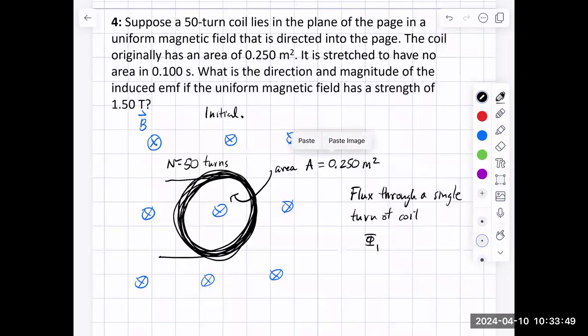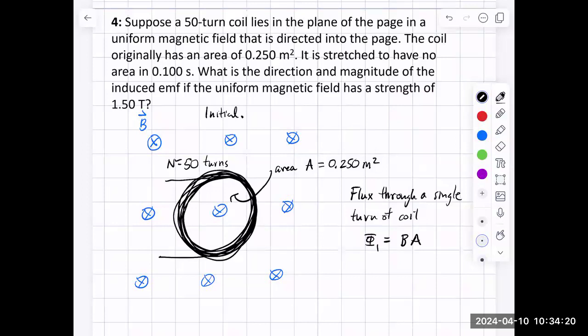The little subscript 1 means that we're calculating the flux just for one of these loops, keeping in mind that we have 50 loops in total, but let's just focus on one of them for now. The magnetic field is perpendicular to the plane of the loop. So when we evaluate the dot product, we'll just get the cosine of 0, which is going to be 1. So it's just going to be B times A. So that's all it is.